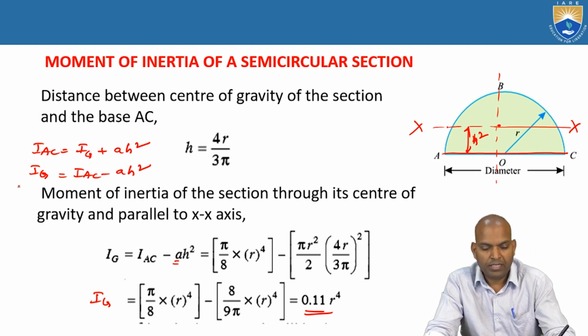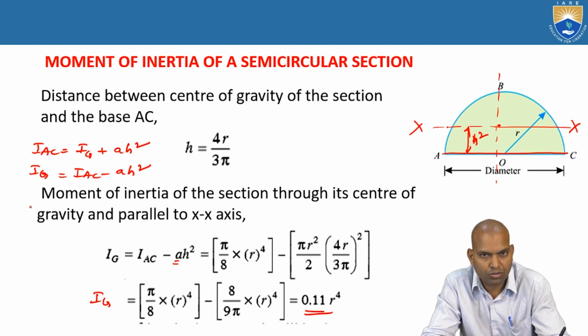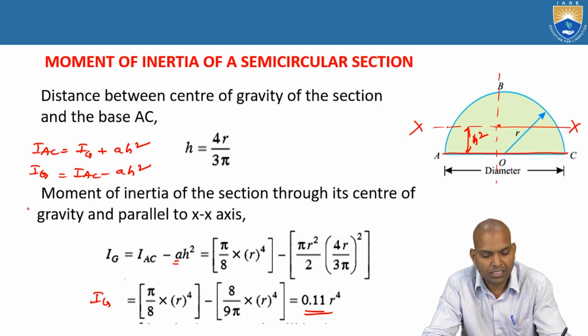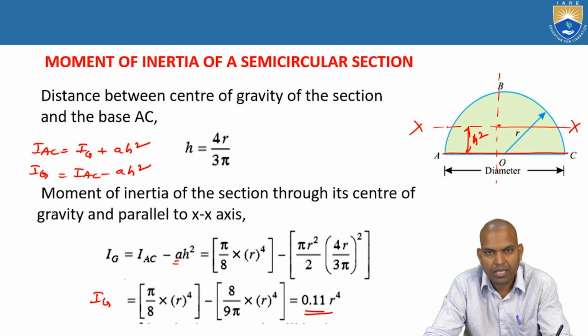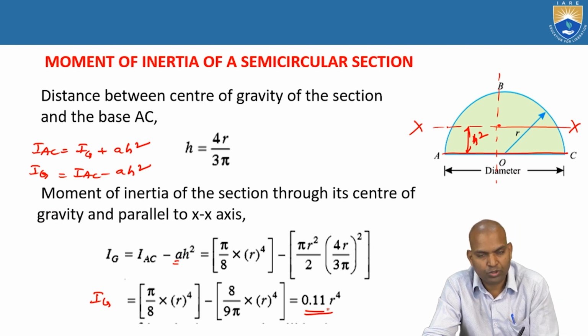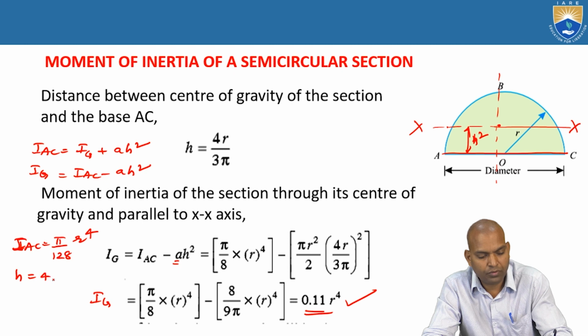So for a semicircular section, the moment of inertia through the centroidal axis, that is, through its center of gravity and parallel to the x axis, is 0.11 r power 4. What is I_AC? I_AC equals pi by 128 d power 4, and h equals 4r by 3 pi.